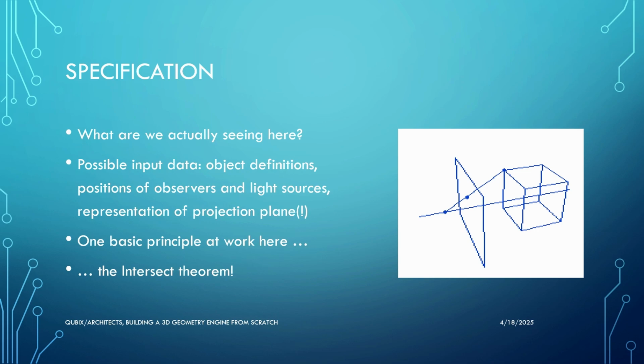What you see there is an optical axis, you see the projection plane on the left side, and you see a simplified object on the right side. The idea is that it doesn't make any difference if you are seeing the object point itself or a projection of it on the projection plane. This basic principle is the intercept theorem.